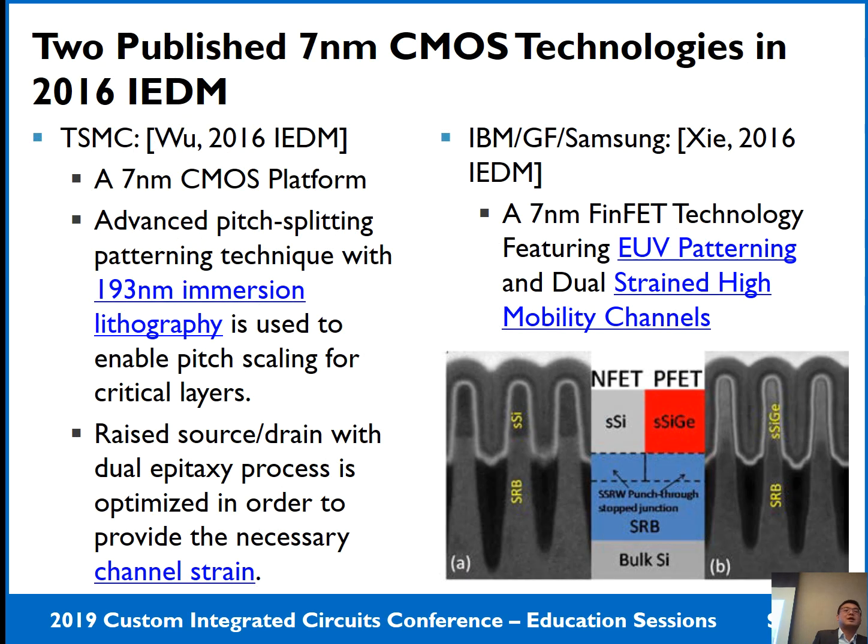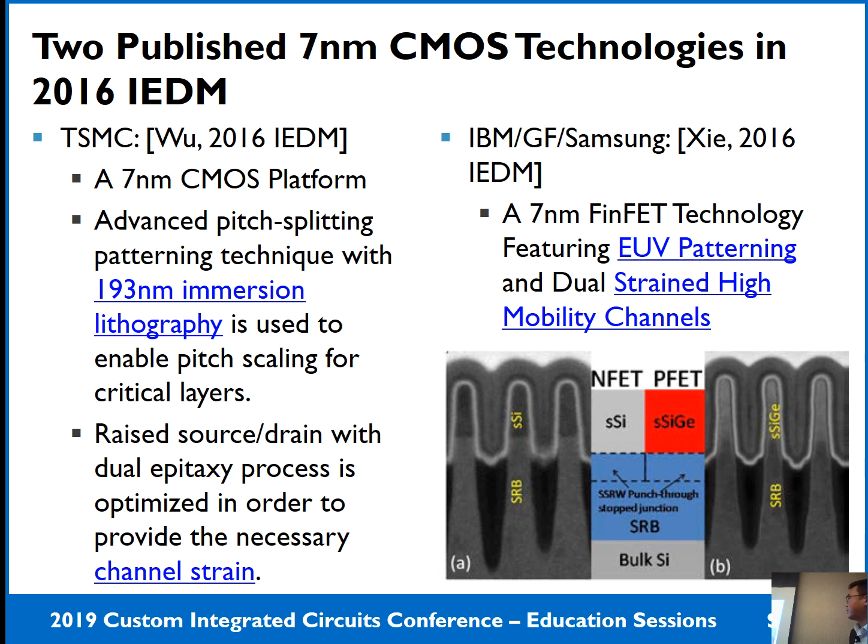So then in 2016 IEDM, okay, the 7 nanometer CMOS technology was already published. But here I think there is one common thing: they all mention the channel strain, but they are implemented by different methods. In this paper, it mentioned it used the dual epitaxial process to optimize this strain.